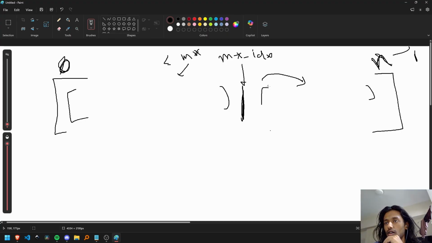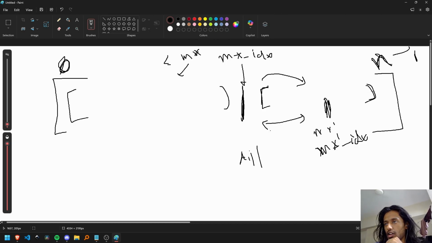So what I'll do here is, in this range we have some mx' at mx'_idx. Same rules apply here. If the difference between the second largest and the largest is some diff, here I can increase all elements by diff together.